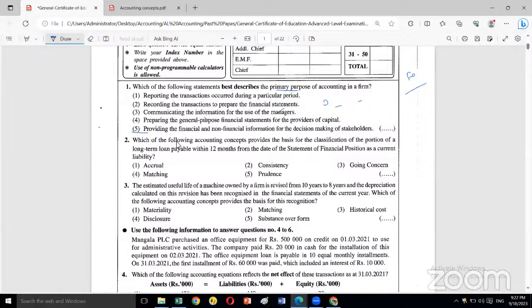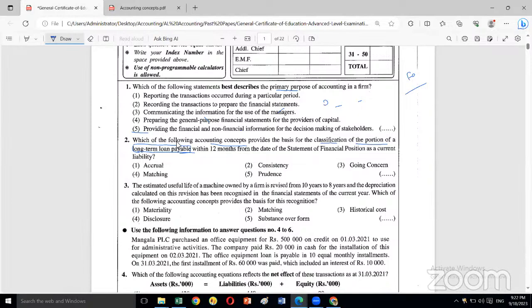Okay. Question number 2. Which of the following accounting concepts provides the basis for classification of a portion of a long-term loan payable? Long-term loan means it's a non-current liability.